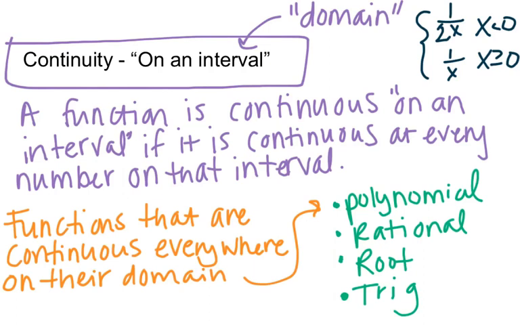For instance, this one is including a 0, yet I could not plug 0 into that function. That's part of the piecewise. So just be aware that piecewise functions do not have this lovely feature of being continuous on their domain, that you have to still check each piece before figuring out that answer.